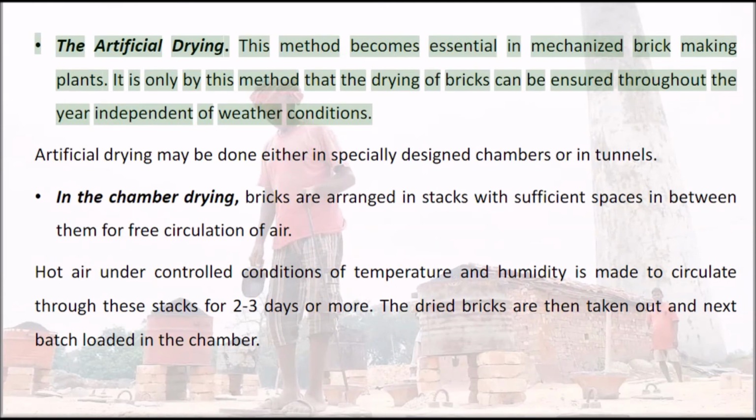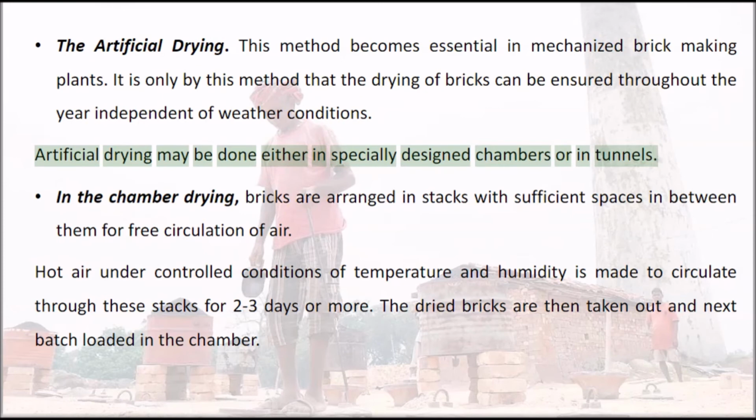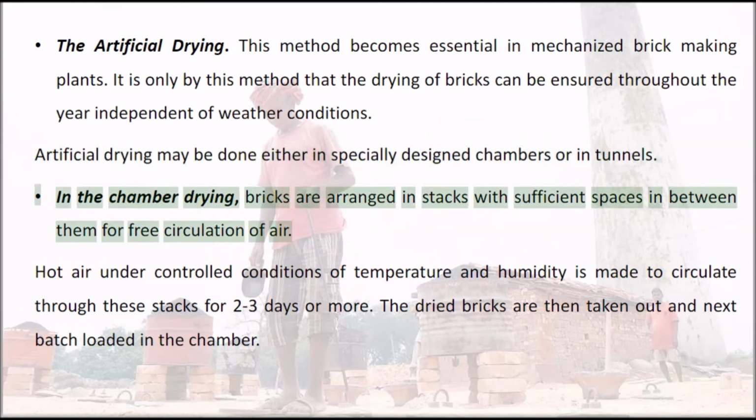In the chamber drying, bricks are arranged in stacks with sufficient spaces in between them for free circulation of air. Hot air under controlled conditions of temperature and humidity is made to circulate through these stacks for 2 to 3 days or more. The dried bricks are then taken out and the next batch loaded in the chamber.